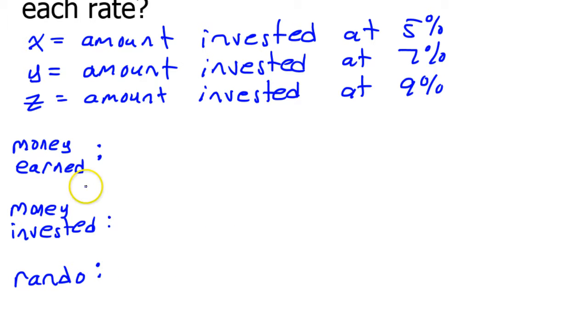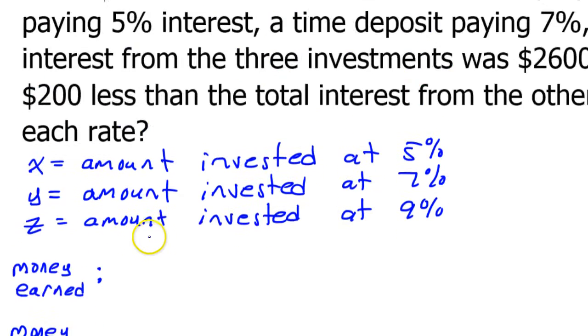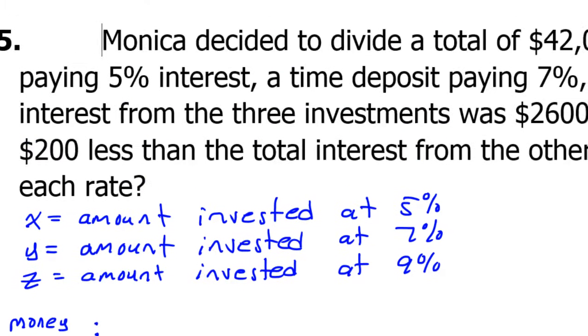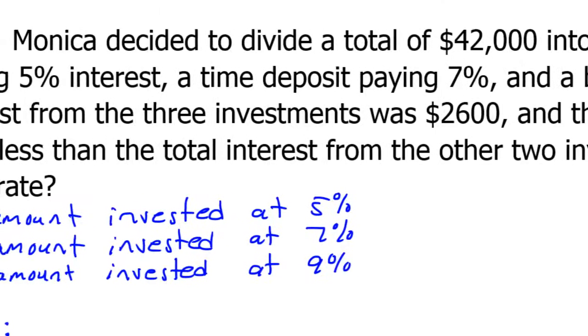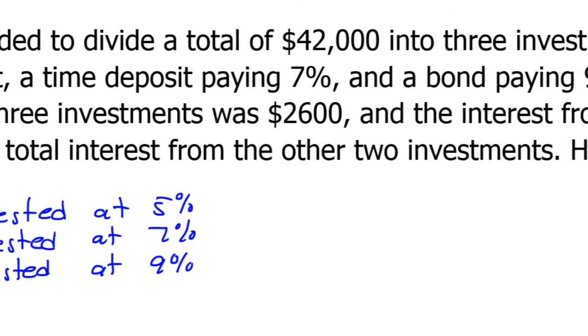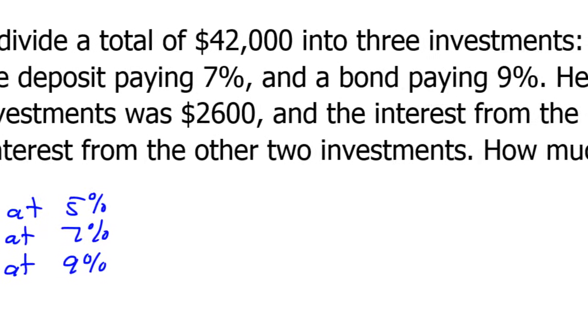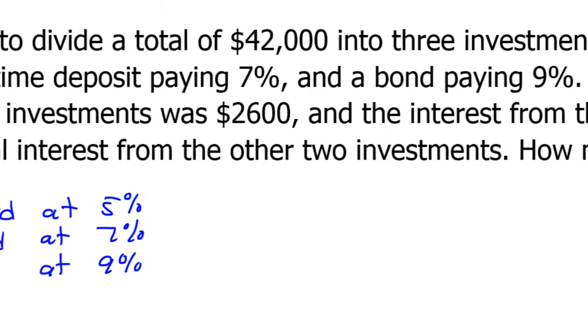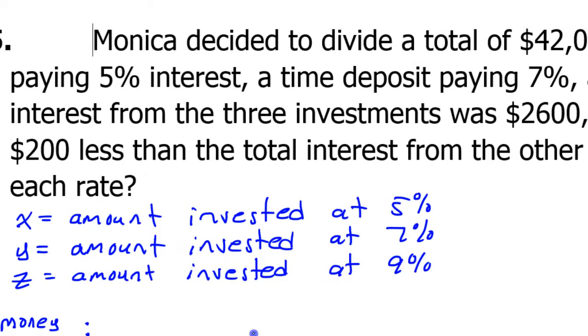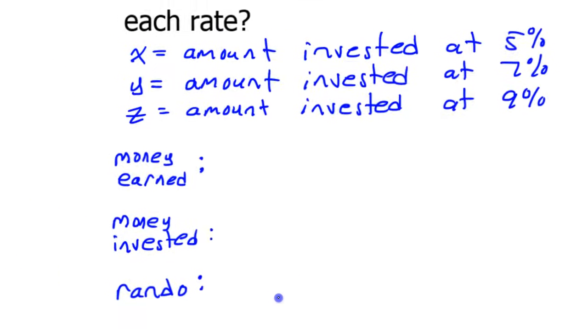Now, let's start with money earned. So look at these numbers up here. I see all these numbers and I have to sort it out. Monica divided a total of $42,000 into 3 investments. Now, that $42,000, is that going to be an amount invested or an amount earned?